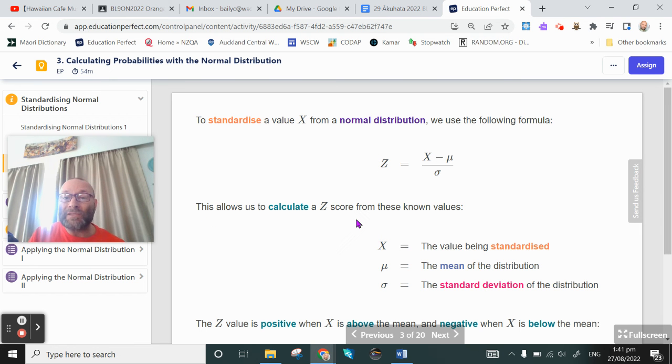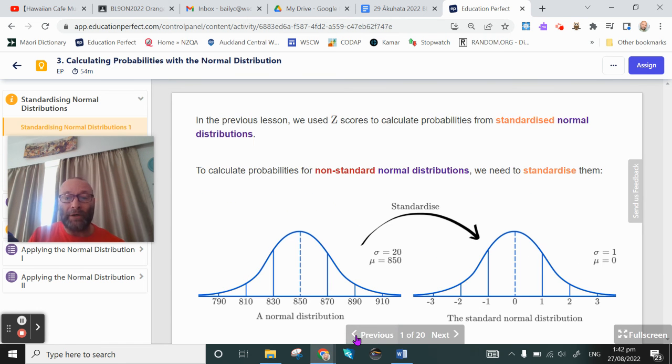To calculate a z-score, you need to know three values. The x value, which is the value you're standardizing. So in other words, if I went back to this example here, if I wanted to change this score of 870 into something along a standard deviation, I need the x value, which is the value found along the horizontal axis.